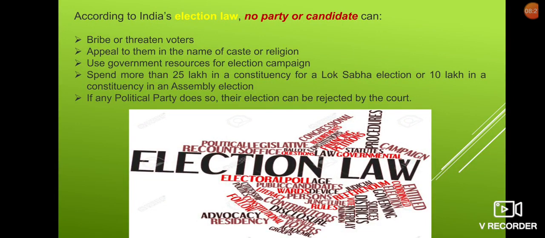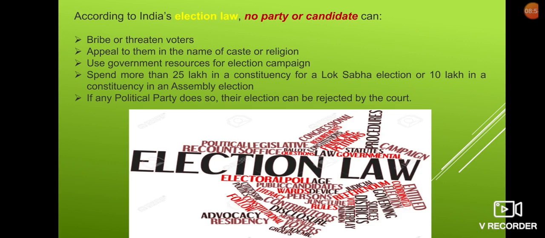According to India's election law, no party or candidate can bribe or threaten voters. No party or candidate can appeal to them in the name of caste or religion. No party or candidate can use government resources for election campaigns.